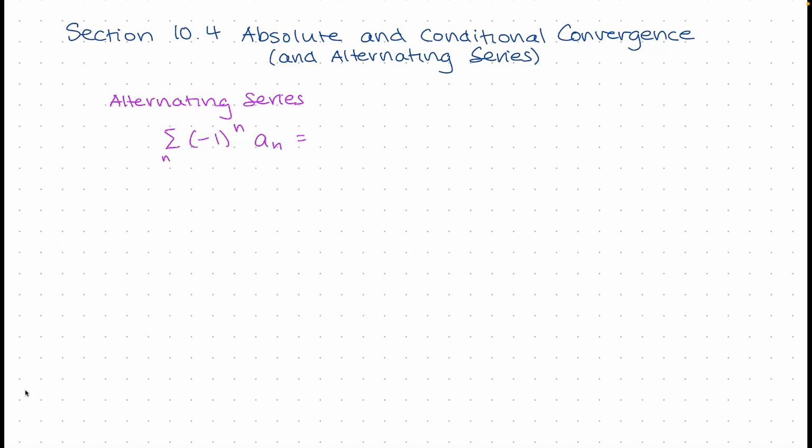So if n starts at 1, this particular series would start at -a₁ + a₂ - a₃ + a₄ - and so on, and it just continues. Or you could see (-1)^(n+1), and that, as long as n is starting at 1 again, starts us off at a positive term instead, but the terms still alternate.